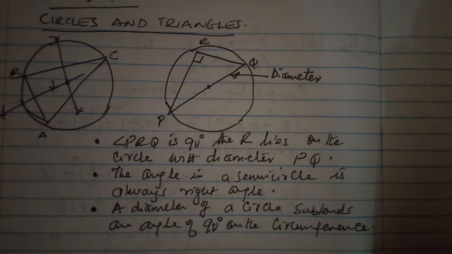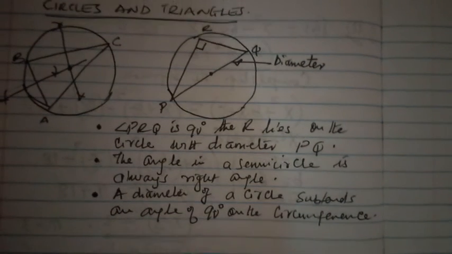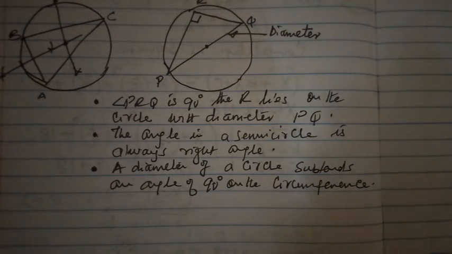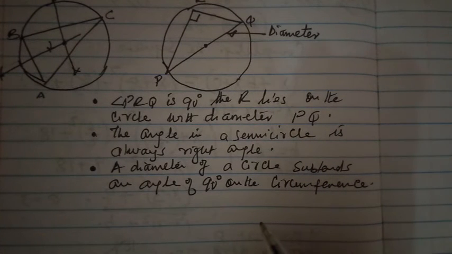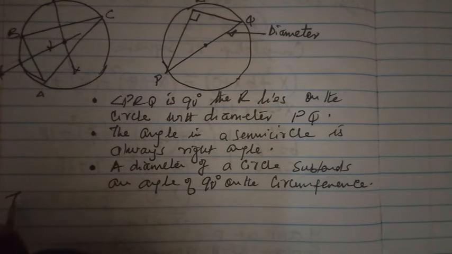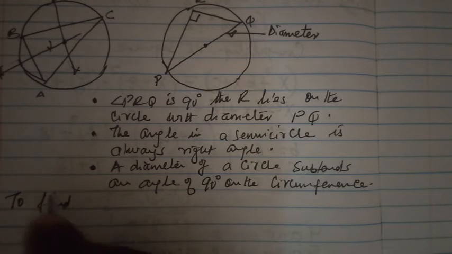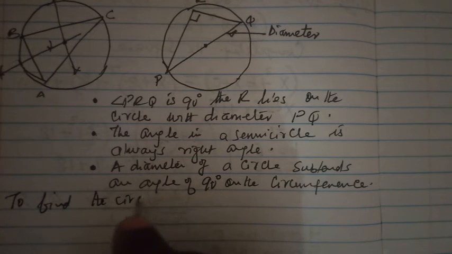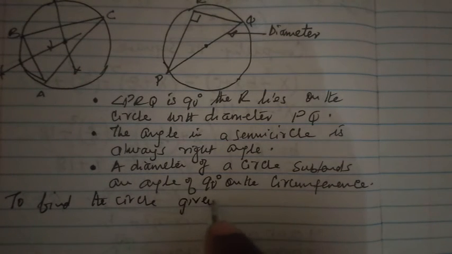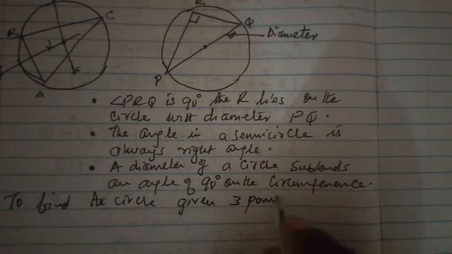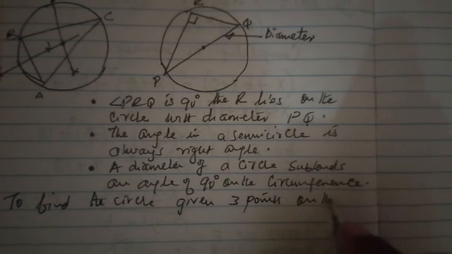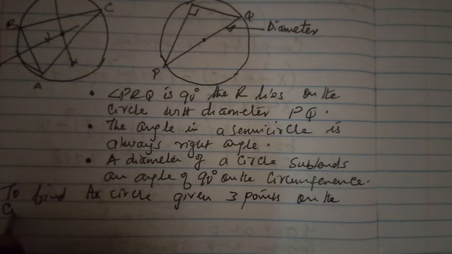Well, to find the center of a circle given any 3 points on the circumference, you proceed like this. Step number 1, to find the center given 3 points on the circumference.